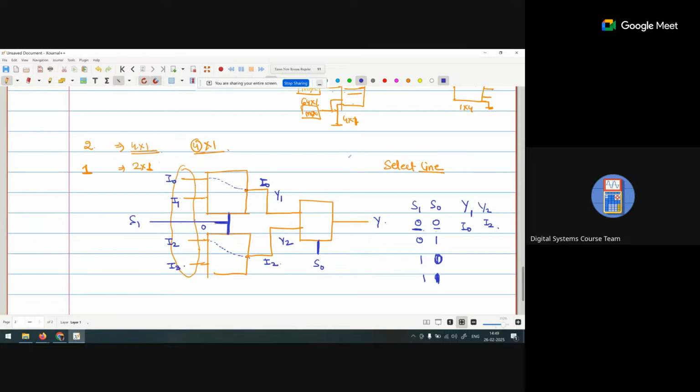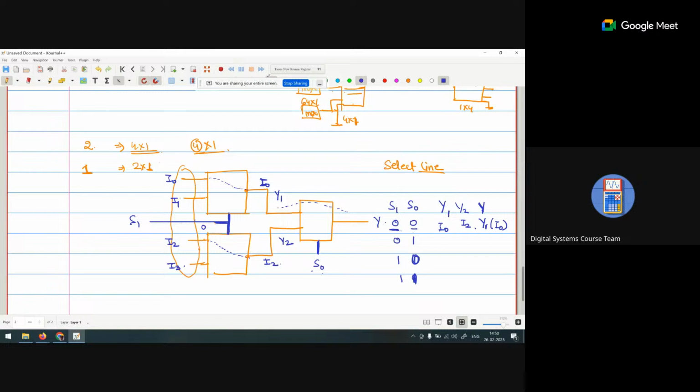Now when S0 is also 0, we get Y1 as Y. So Y is nothing but Y1. Any doubt? Okay, and that Y is Y1, so Y1 is I0, so I can say it is I0.